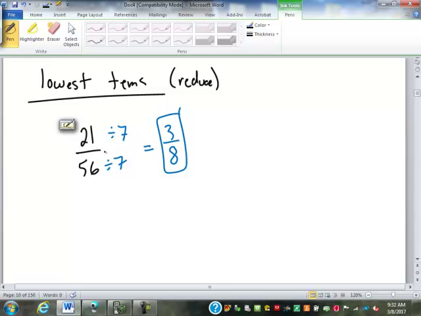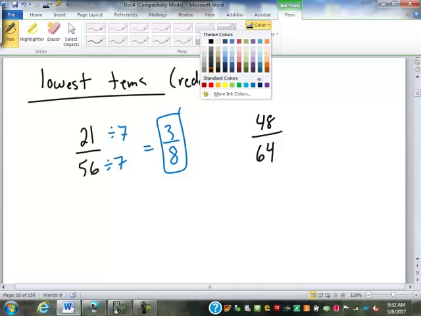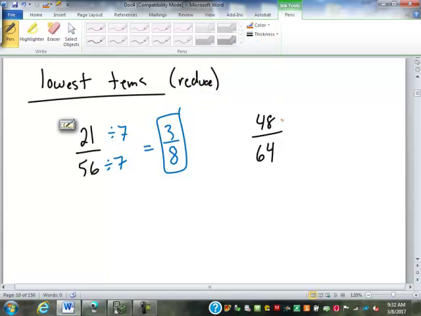The biggest mistakes people will make with those is they'll get something like 48 out of 64. And they might see that both of them can be divided by 4. 48 divided by 4 is, oops, 24, yep. Oh wait, no, it is 12. 48 divided by 4 is 12.